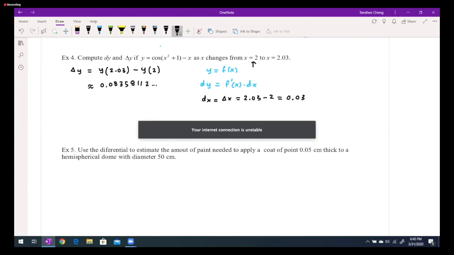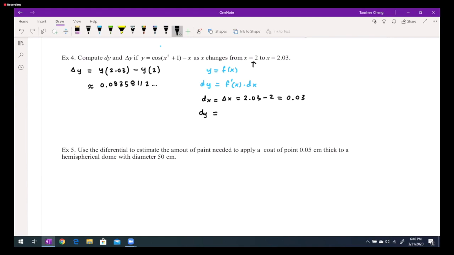Therefore, dy is equal to the derivative of the function, which is the derivative of cosine, negative sine of everything inside, the same, times, using the chain rule, the derivative of the inside, which is 2x plus 0, and then minus the derivative of x, that would be 1, and finally multiply by dx.